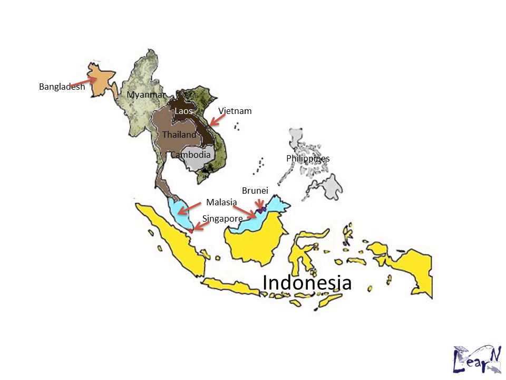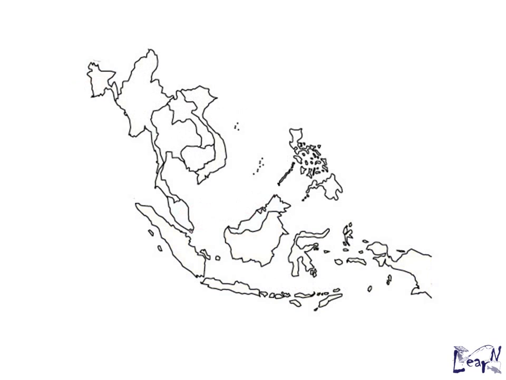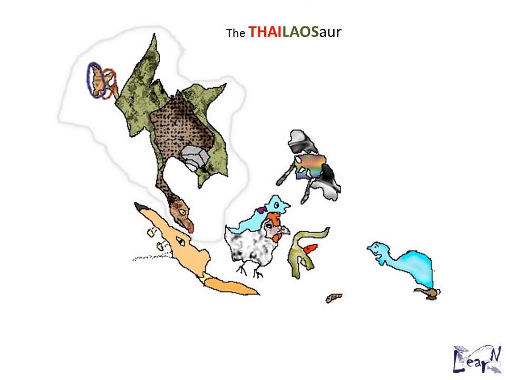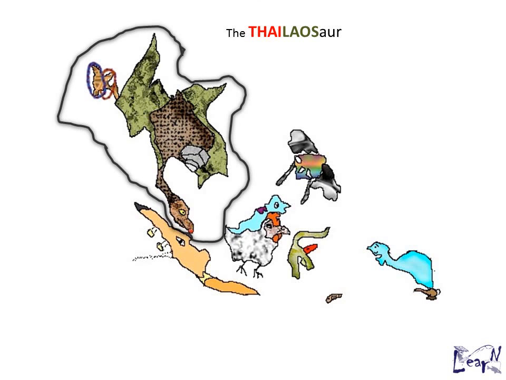The answer may be the species. So, let us have a look at the species. There they are, some weird looking characters. First of all, the thylosaur. Then we have the Indon species.